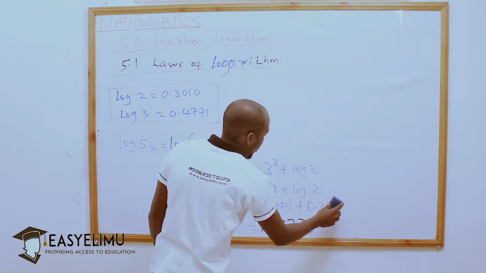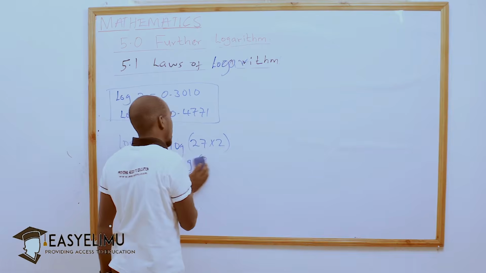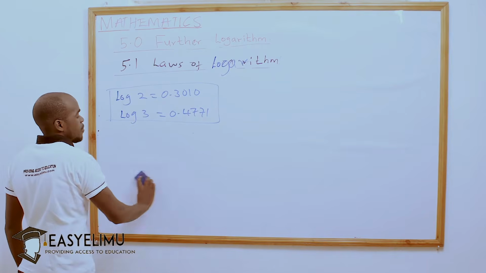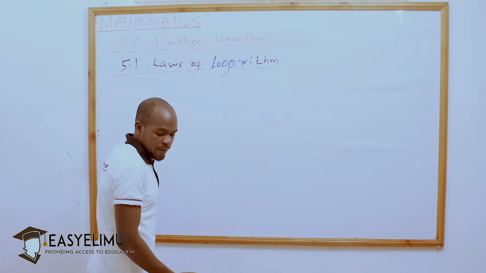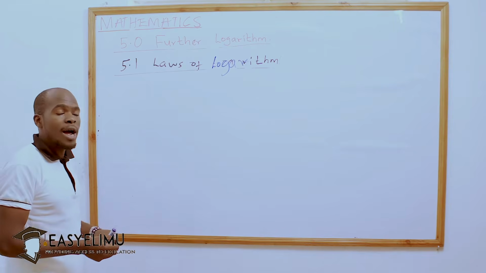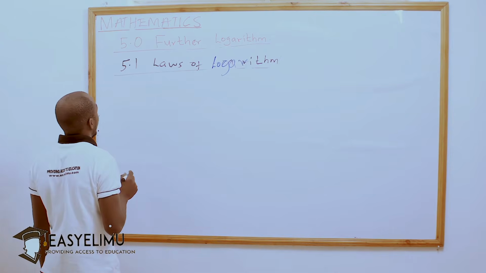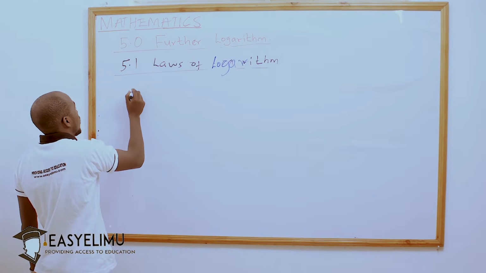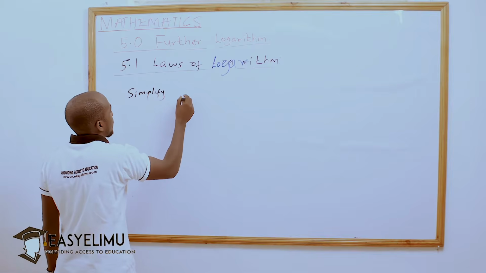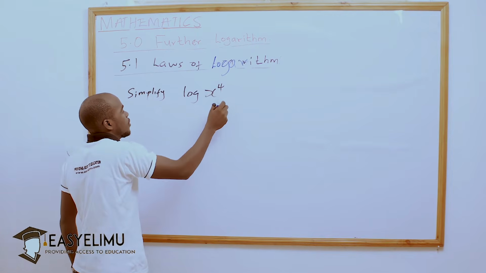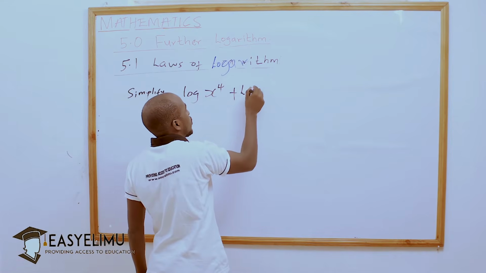And in a case, you may be given some of the numerical figures, and at the same time, you may encounter some of maybe just letters, and you'll be told to simplify further using the same process. So we may involve another one which touches the third rule, which we have seen under laws of logarithm, and we can say you may be told to simplify log of x raised to 4, let's say plus log of x.